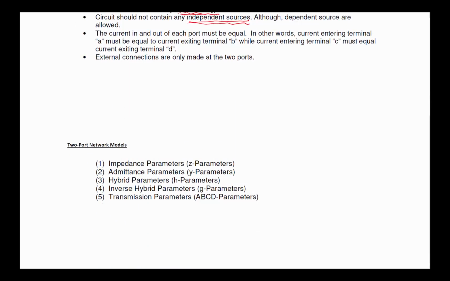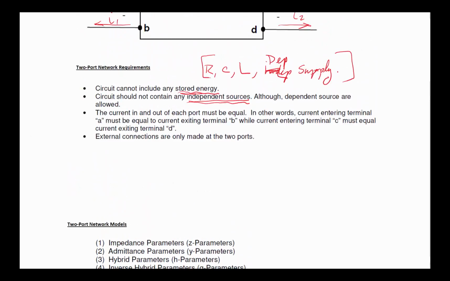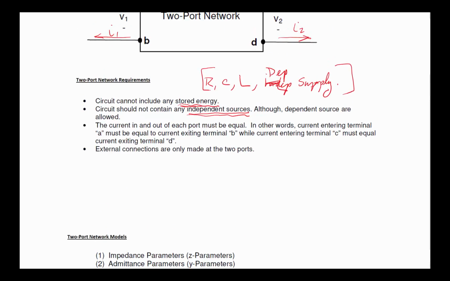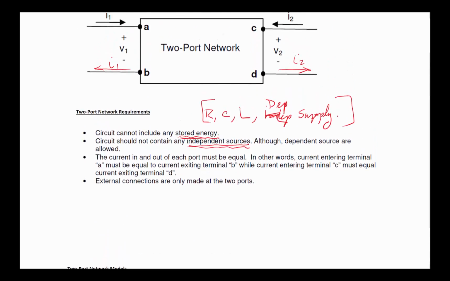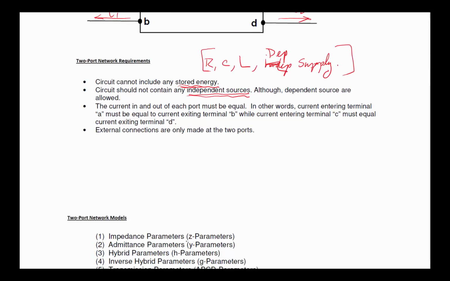We write these parameters that describe some relationship between I1, V1, I2, and V2. And probably one of the most common ones that we write is the first one on this list, called the impedance parameter.